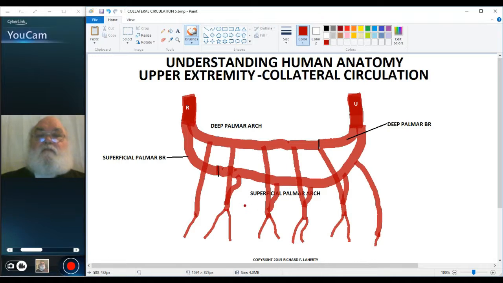So where we have the union of the metacarpal arteries to form the common metacarpals is yet another possible route for collateral circulation.